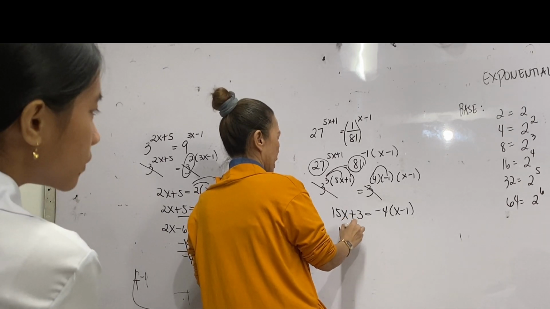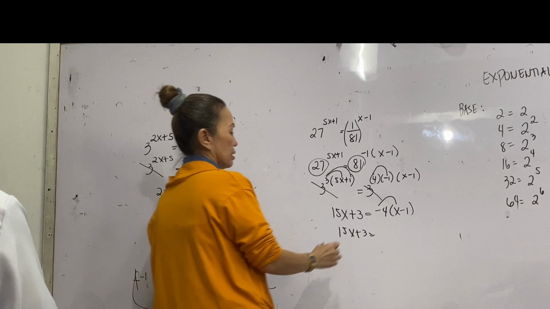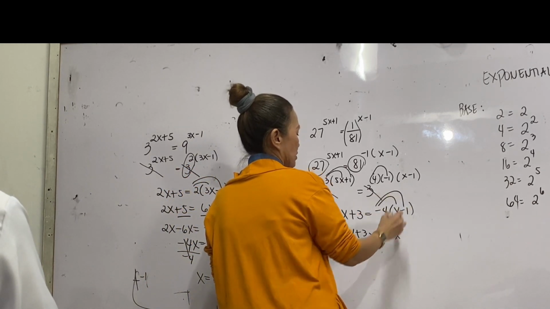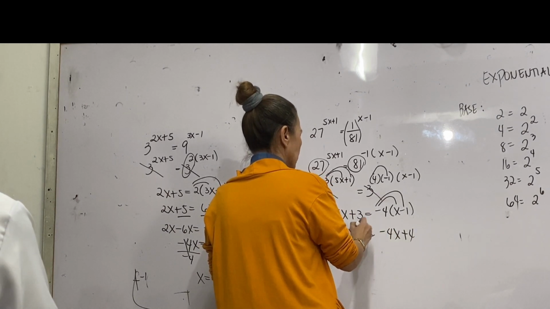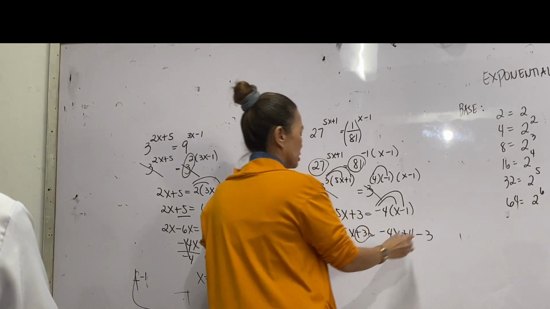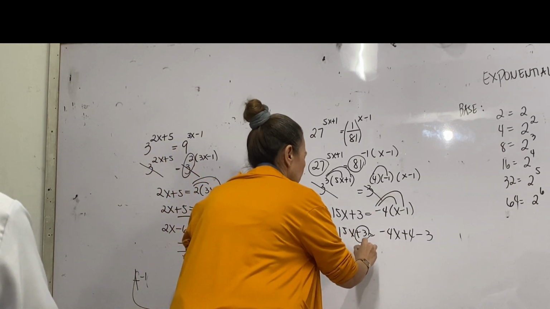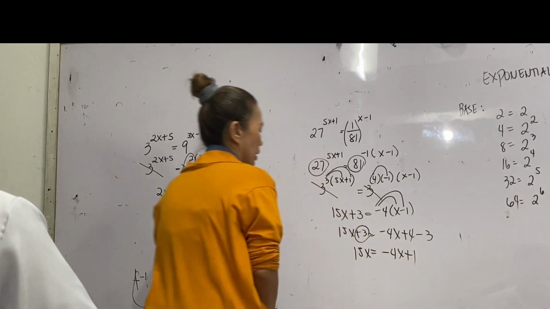So 15x plus 3, negative 4 times x, negative 4x. Negative 4 times negative 1, positive 4. Then, minus 3. So we have 15x is equal to negative 4x plus 1.